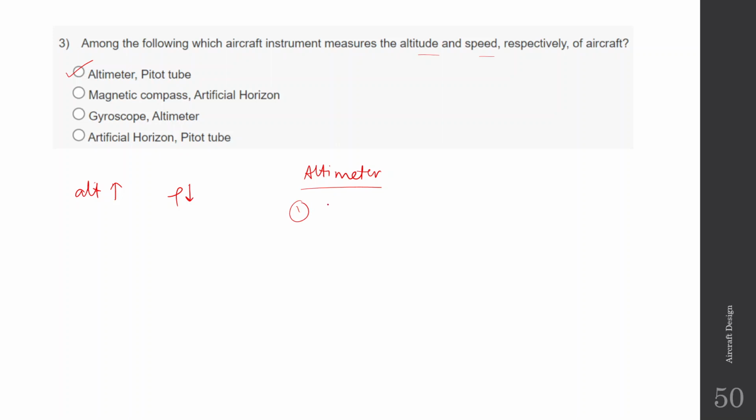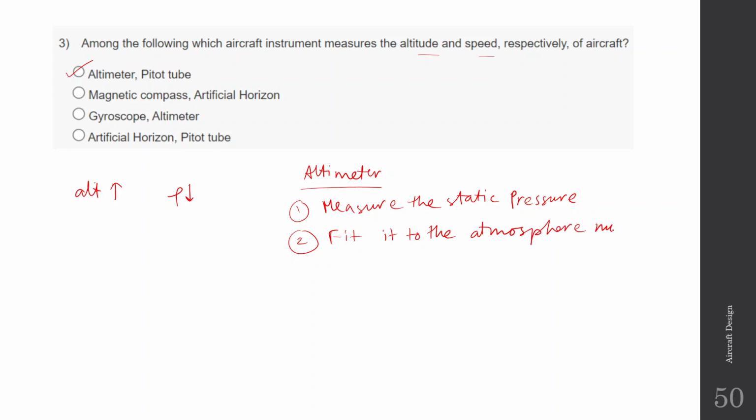We measure the static pressure. We fit it to the model to get an estimate of the altitude, okay.